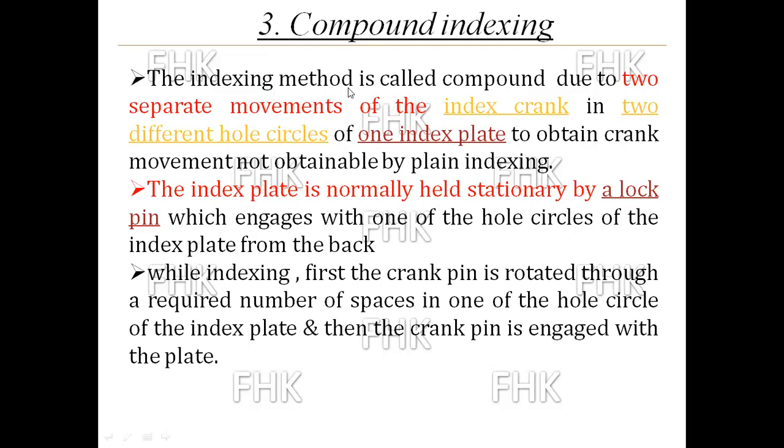The indexing method is called compound indexing due to two separate movements of the index crank, in two different hole circles of one index plate, to obtain crank movement which is not obtainable by plain or simple indexing.